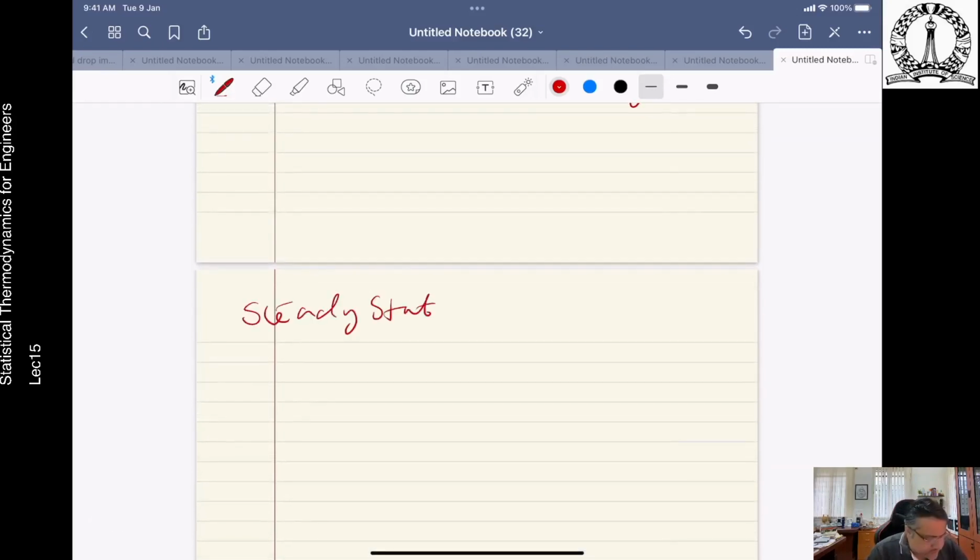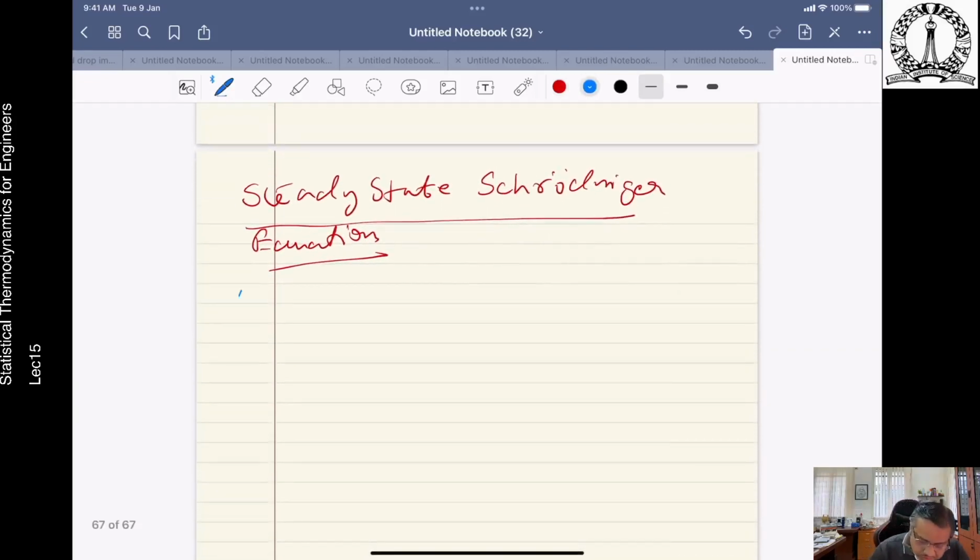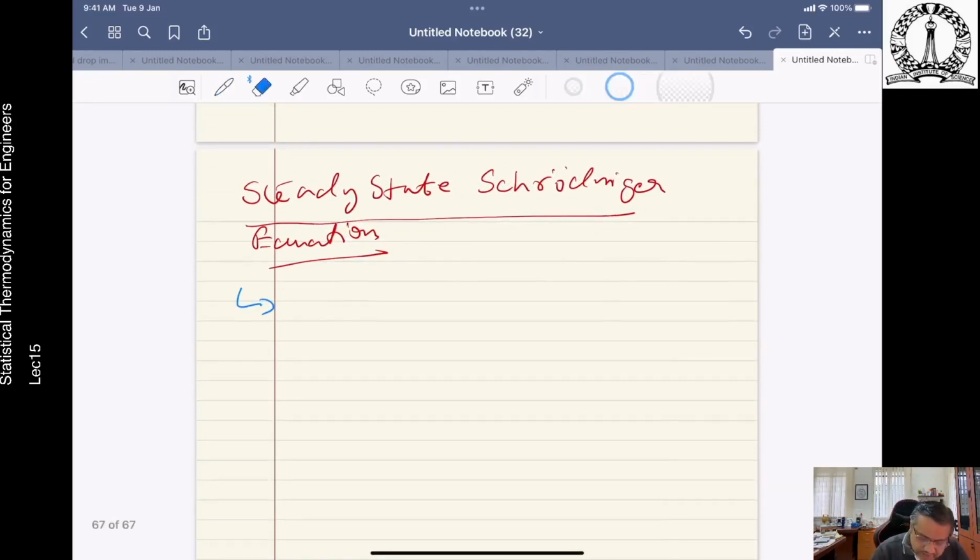The steady state Schrodinger equation. So what are the things that we know about the Schrodinger's wave equation? First, it can be cast as an eigenvalue problem.